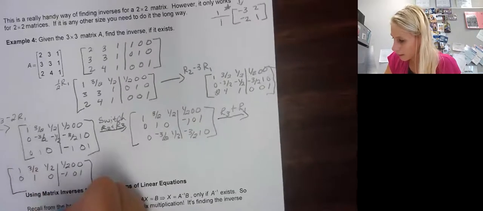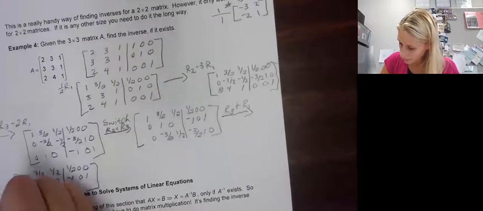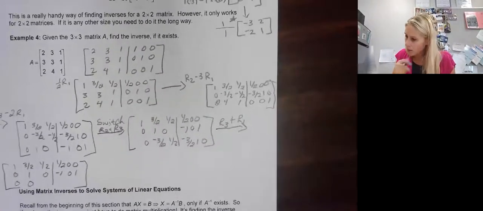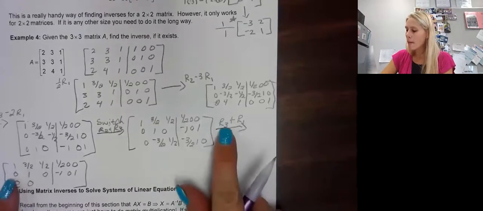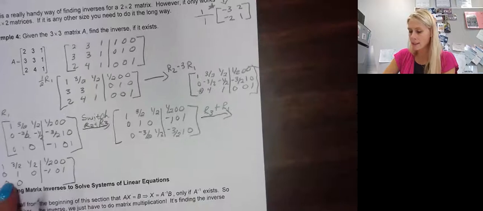Wait, this is why I can't do that. If I add row 3 and row 1, what happens to this right here?